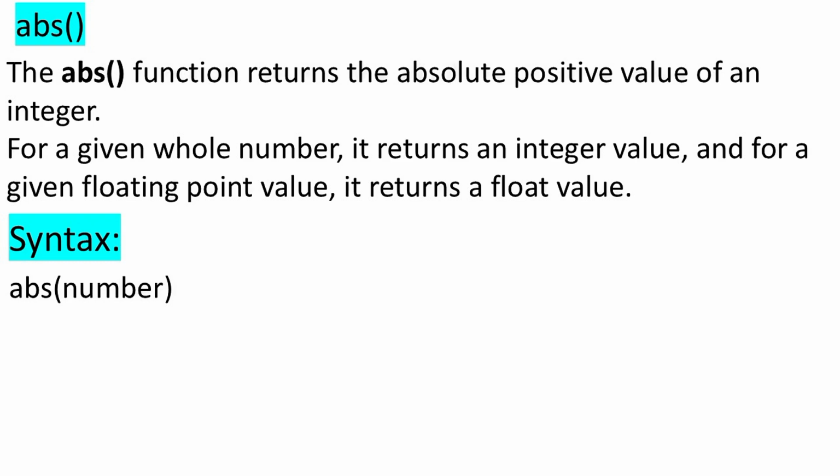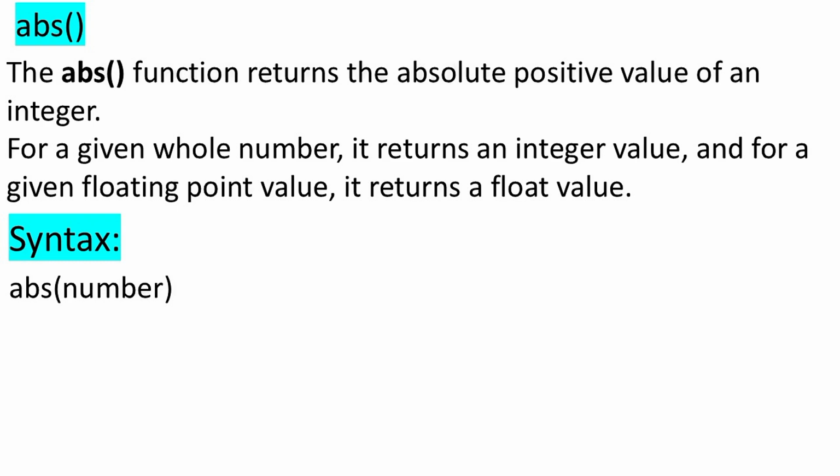Now that we've seen how the min and max functions help us find the smallest and largest values in a list, let's move on to another very useful PHP mathematical function, the abs function. The abs function stands for absolute value, and its purpose is simple. It always returns a positive version of a number, no matter whether the input is positive or negative.